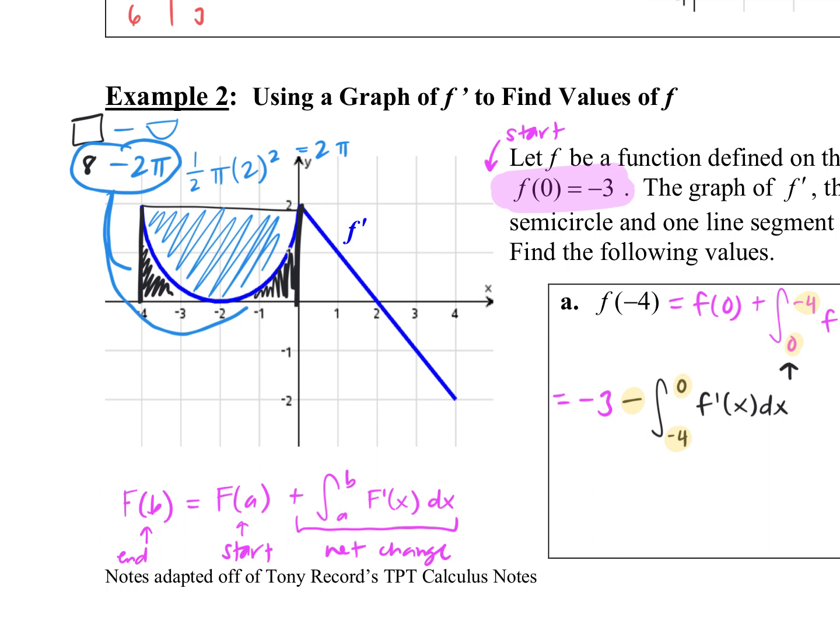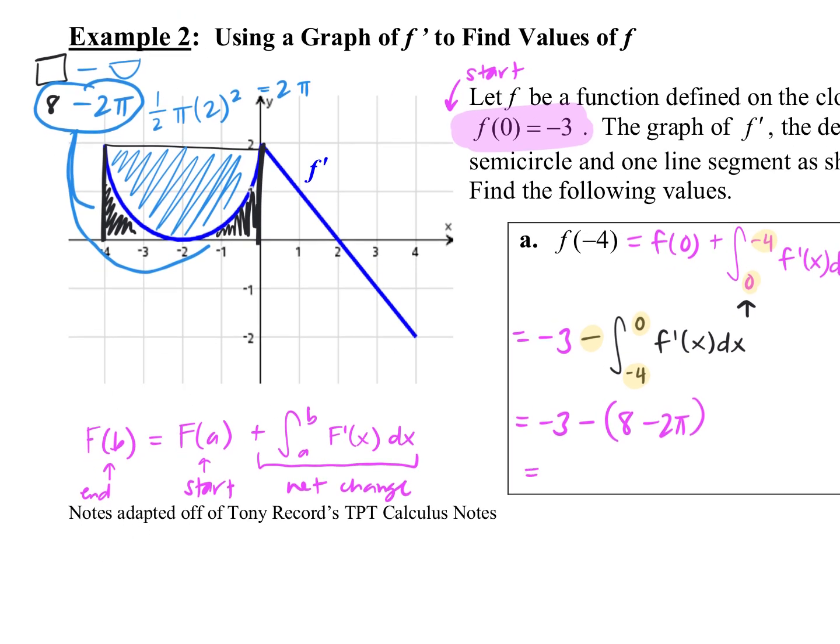I'm going to take that expression and plug it into my integral. So now I have negative 3 minus, and be careful you don't make a silly algebra mistake, we have to subtract the entire quantity of 8 minus 2 pi.